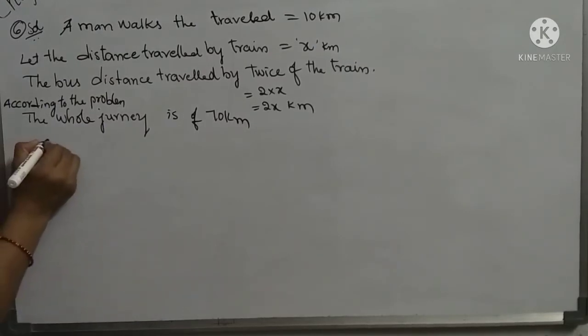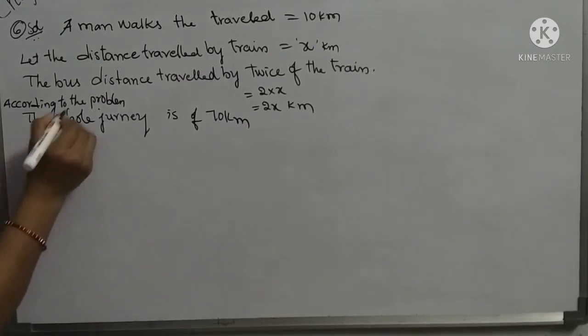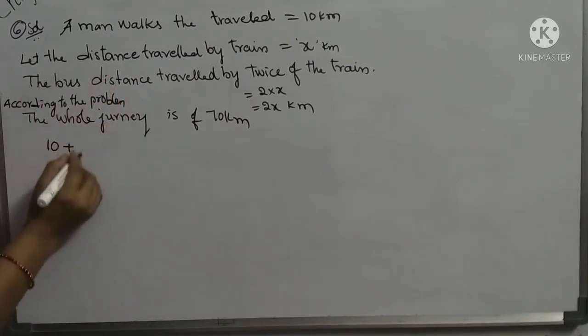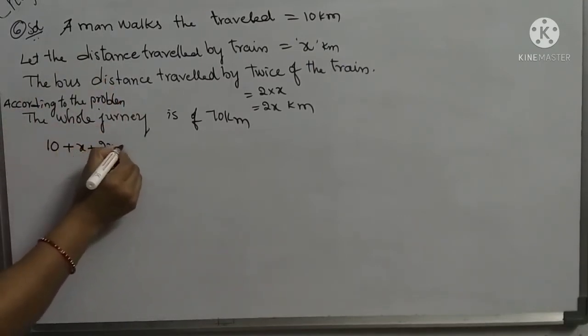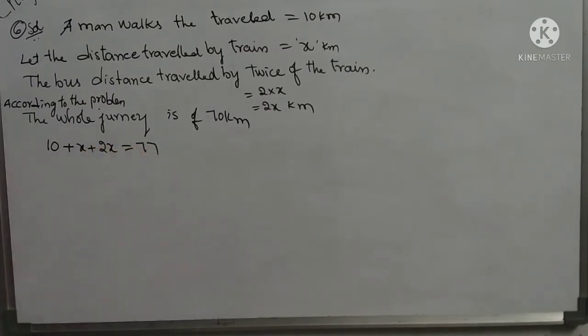So here, all means total: 10 kilometers plus the distance travelled by train, x, plus the bus distance travelled, 2x, is equal to 70.